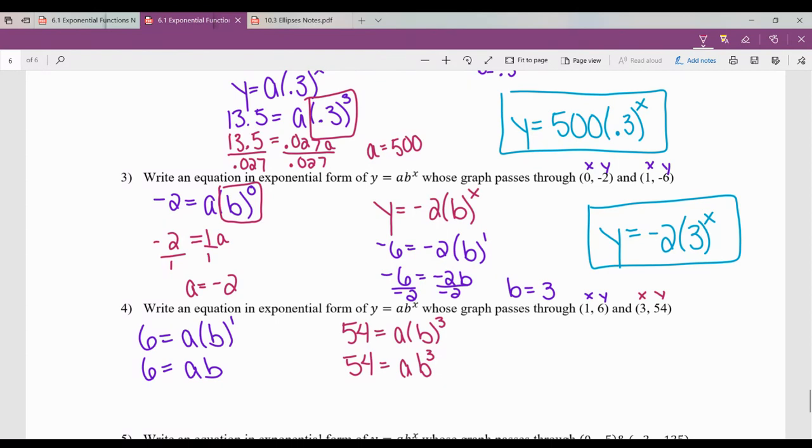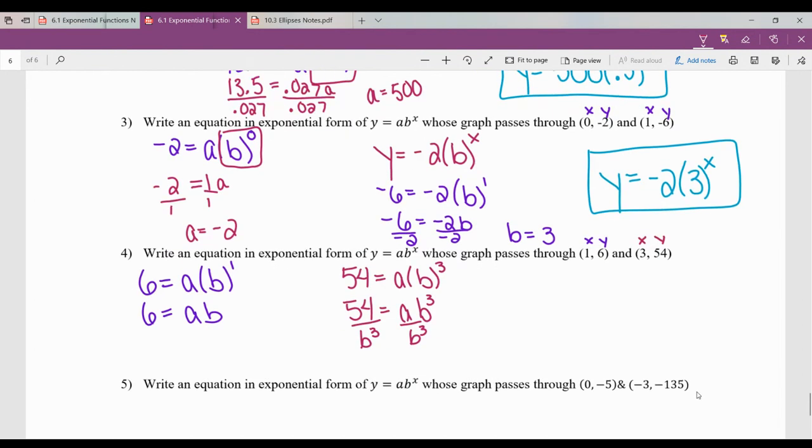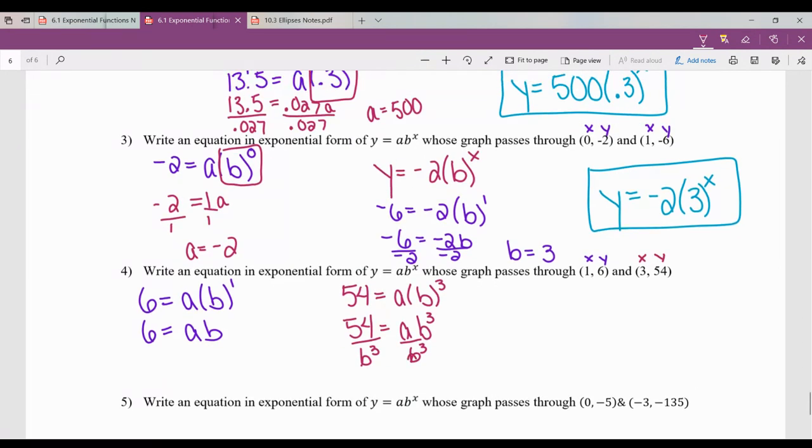All right, so I'm going to divide by b to the 3rd to get the a by itself. Okay, so we get a equals 54 over b to the 3rd. And then I do the same thing over there. I solve for a, so I divide by b to get the a by itself. A equals 6 over b.